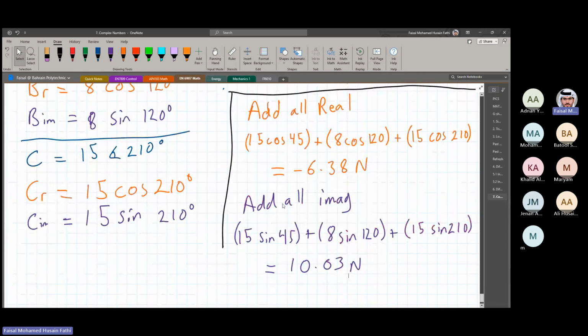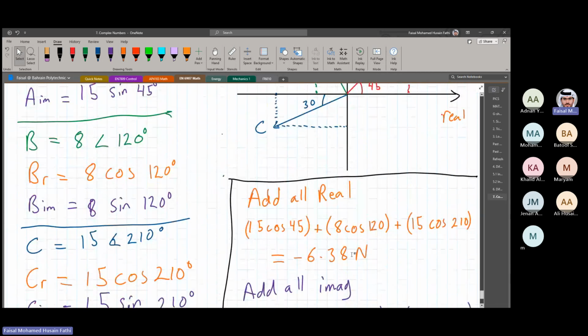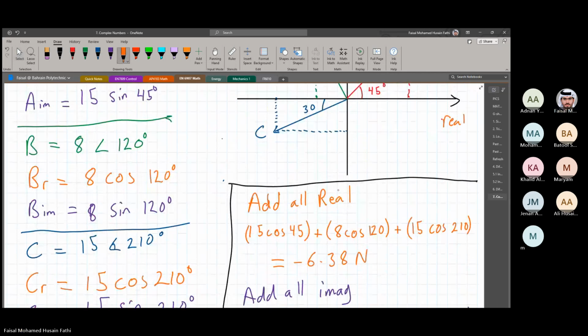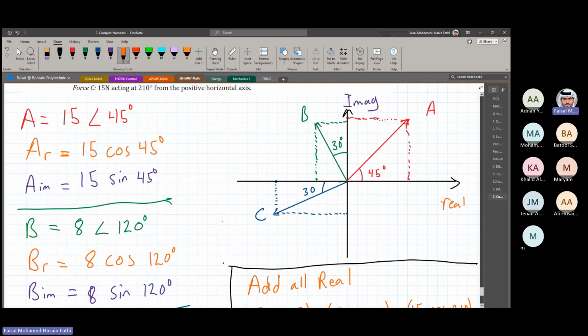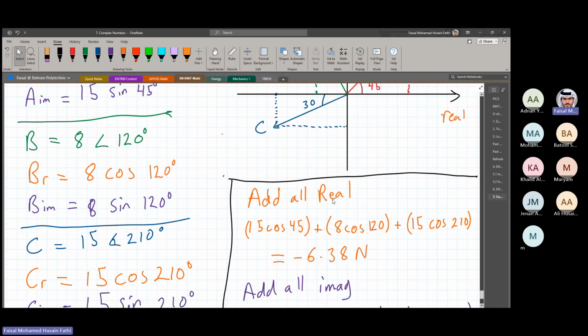So now if you want to plot this, we are going to look at it this way. The real part of it is negative 6.38. So you're going to go into the negative zone, roughly negative 6.38.